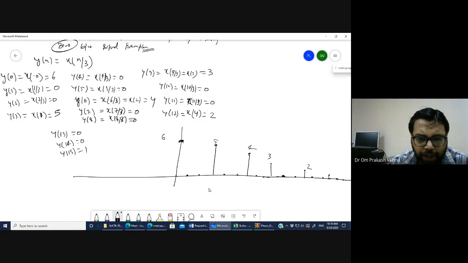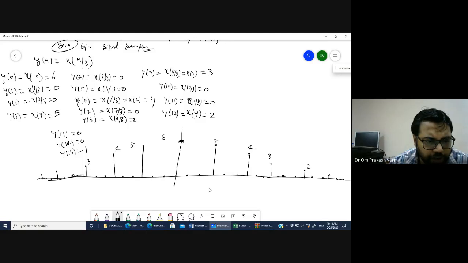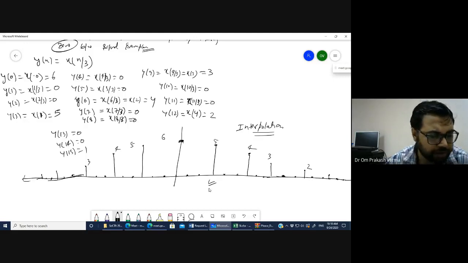In a similar way, here also you can. So we are inserting the 0 in between the two signals, and this property is known as interpolation. With the help of this, we can draw. So this is the interpolation, very important.